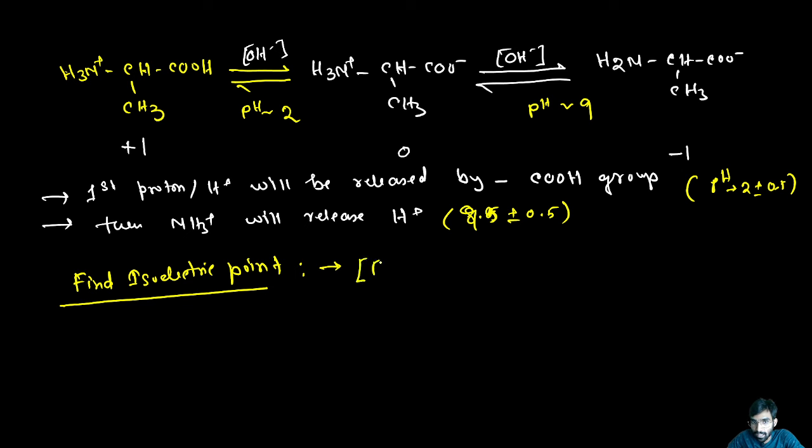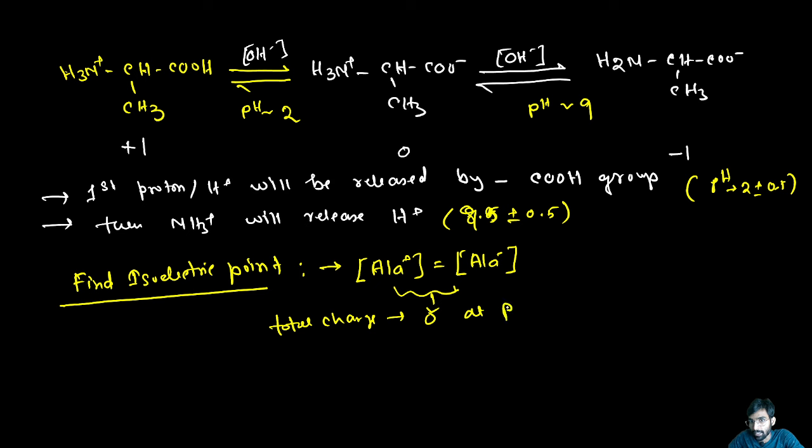That means alanine plus equals alanine minus, so the total charge of the solution is 0 at pI, the isoelectric pH. So pI is the pH at which the total charge of a solution is 0, meaning the amount of positively charged amino acid equals the amount of negatively charged amino acid.